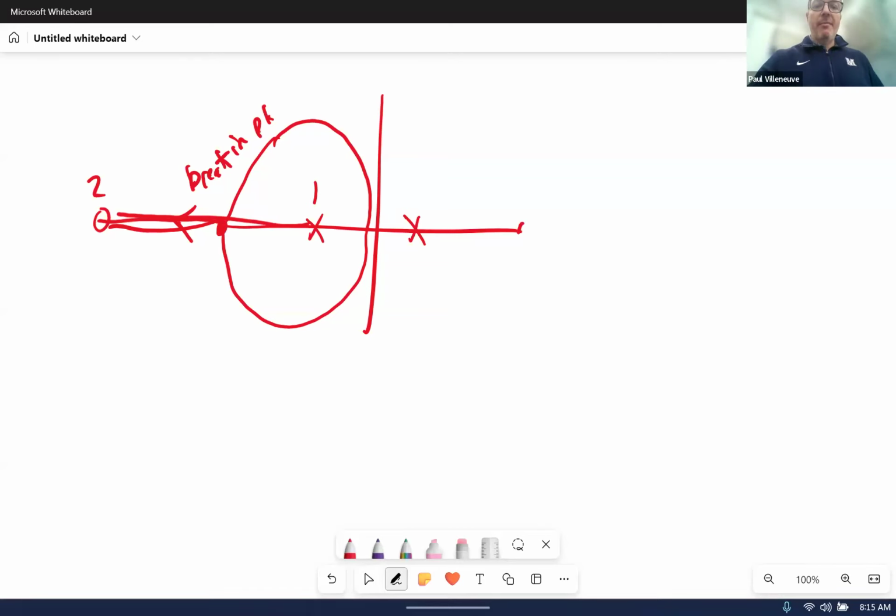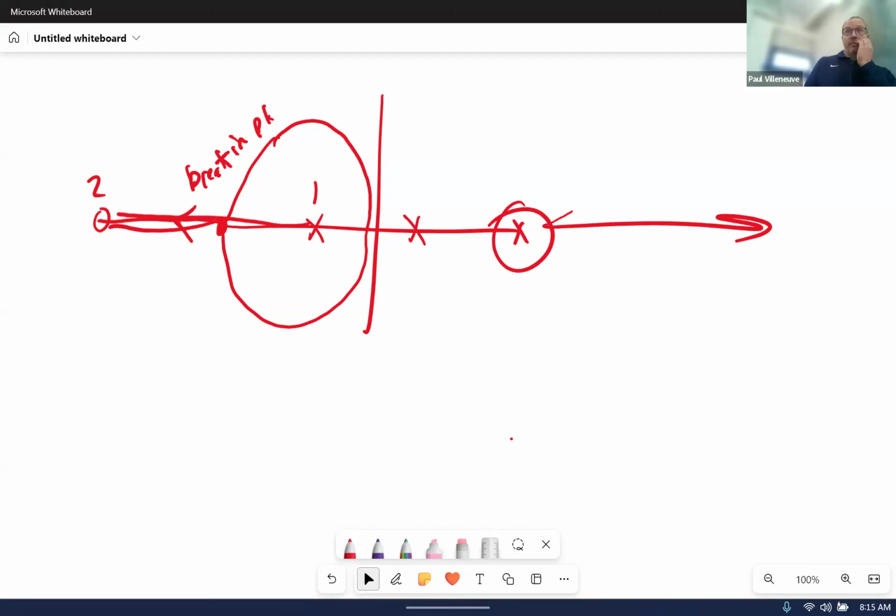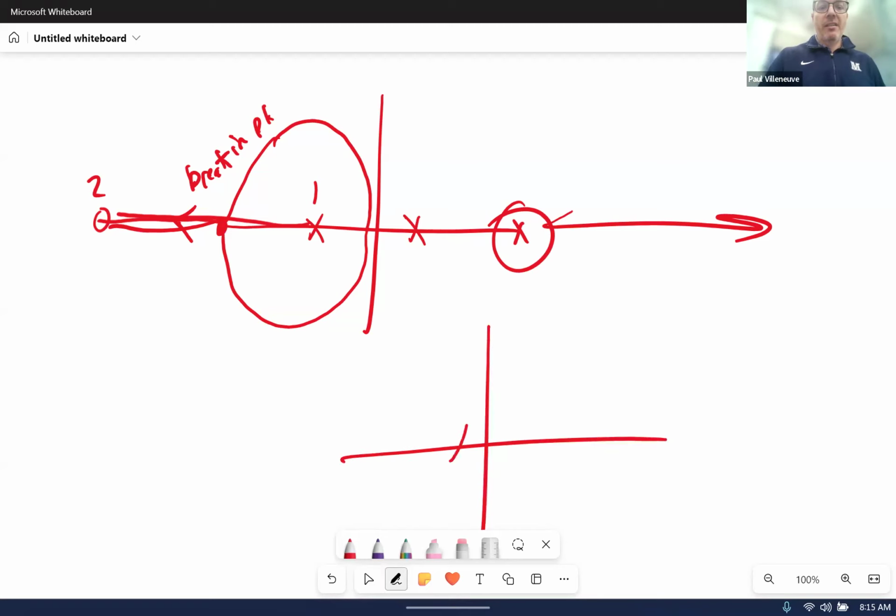If your break-in point is over here, then you have two positive roots at s equals infinity. So to the best of my knowledge, there's no way of calculating if the infinite zeros are at negative or positive numbers, because remember, we do have some cases where we had this, right?